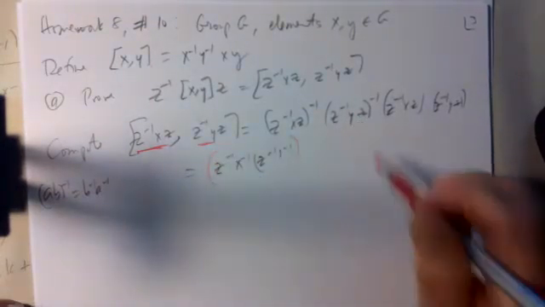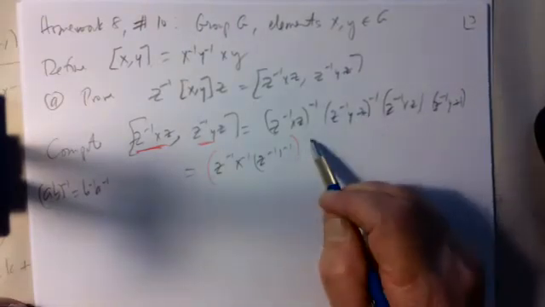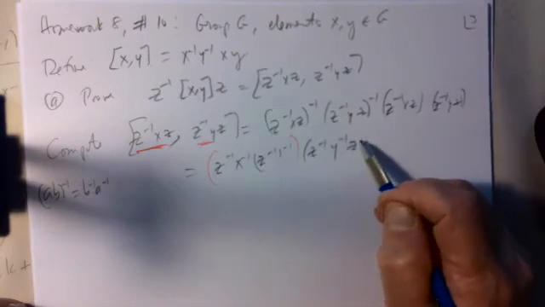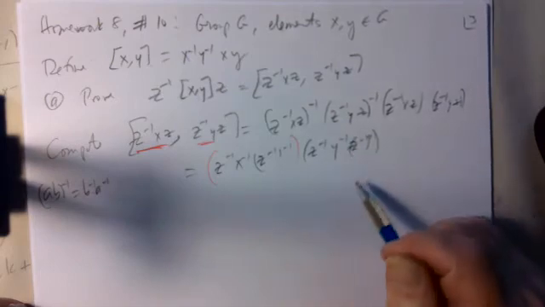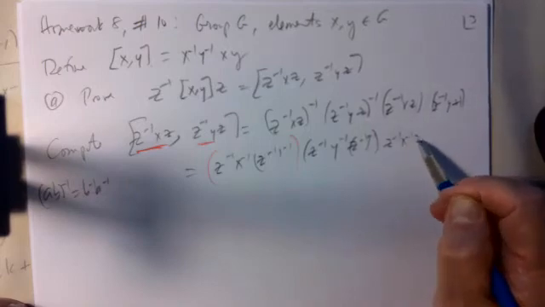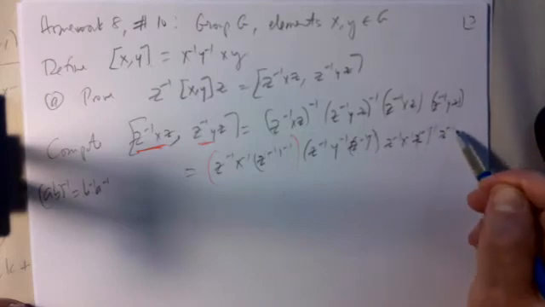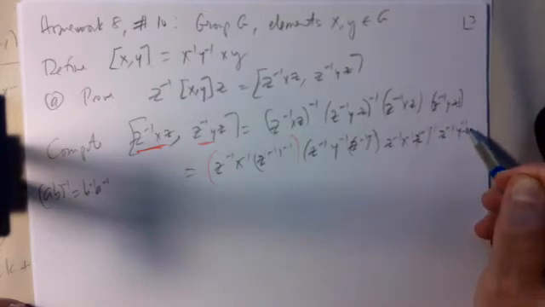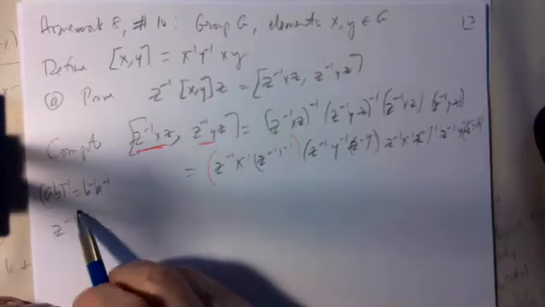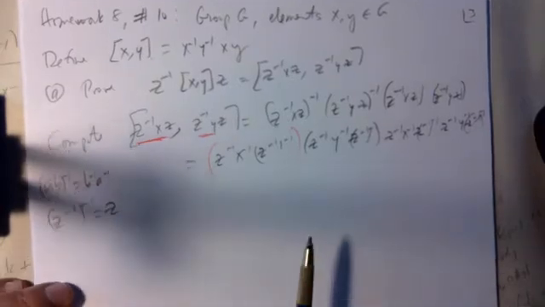That's the first element. The inverse of the second is Z inverse, Y inverse, Z inverse inverse. Then the first element again and the second element again. And of course, if you take the inverse of an inverse, that gives you back the original element.